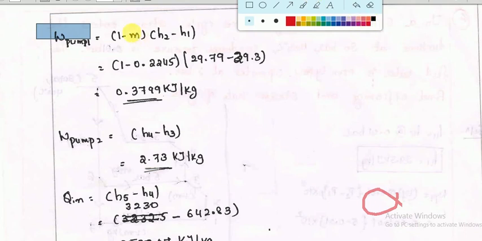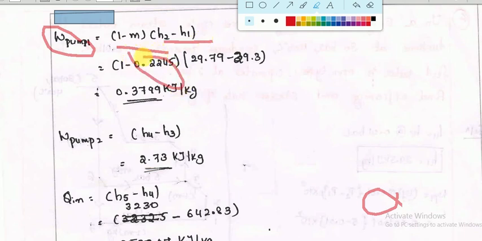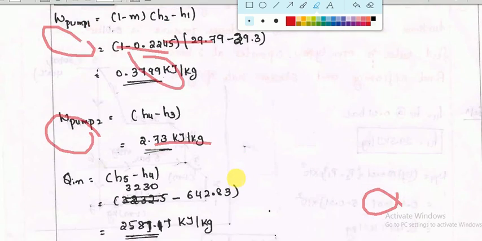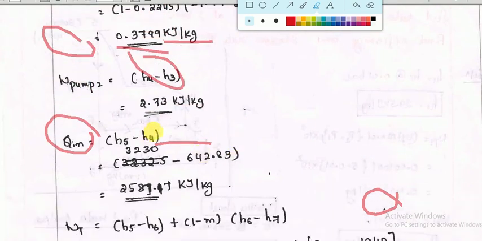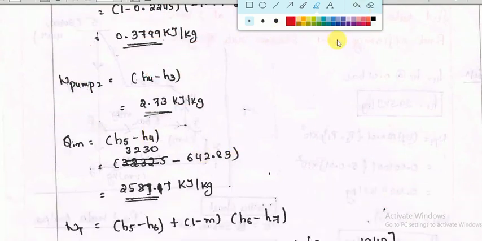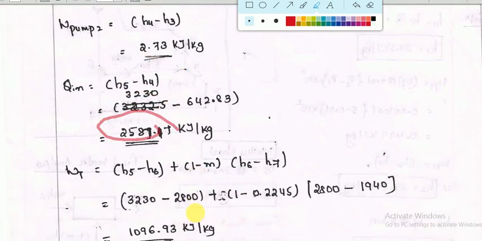So the work of pump 1 is what? 1 minus M into H2 minus H1. We know the M value, we know H2 and H1. Next is the work of pump 2, that is H4 minus H3. Next is the heat input, H5 minus H4. Then what is the turbine work?